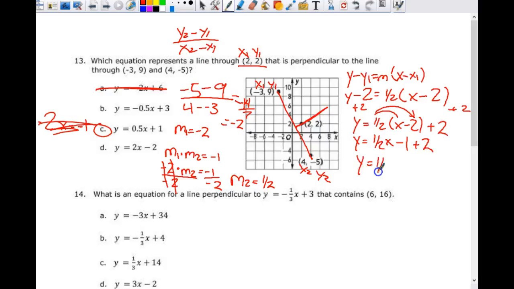Y is equal to 1/2 x, negative 1 plus 2 is going to be plus 1. Is that the same as this? Oh. Not really.